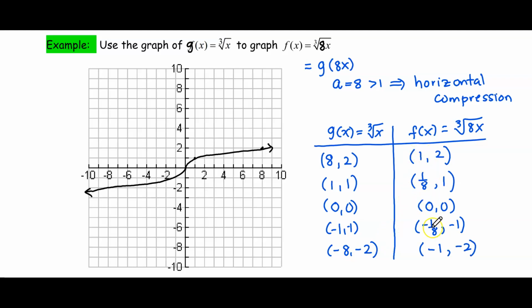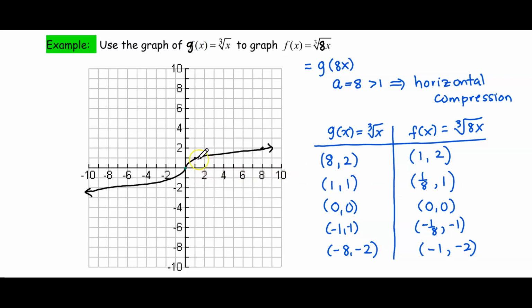Then we plot these points on the Cartesian coordinate plane and we would see the compression. Right, so let's plot these points here. So first, 0, 0 will remain 0, 0, so it will stay here. And then the point 1, 1 goes to 1/8, 1.